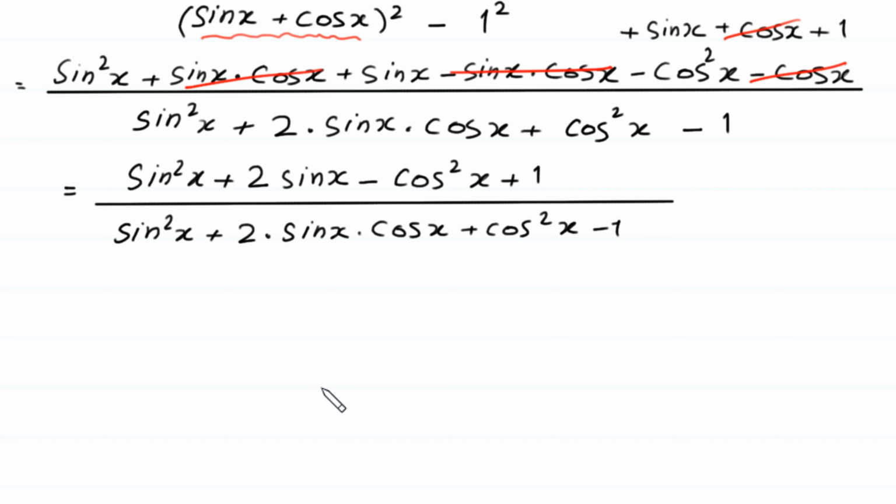There is a trigonometric identity that sine square x plus cos square x is equal to 1, and if we move this plus cos square x to the right side, we get sine square x is equal to 1 minus cos square x.